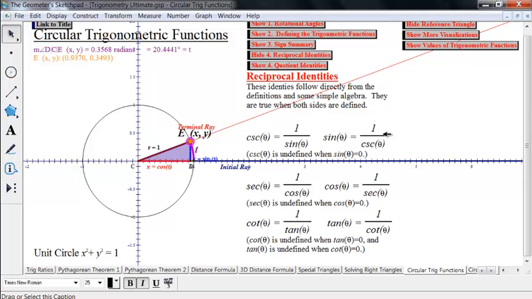But cosecant itself could be undefined. So the right side could be undefined here because cosecant is undefined, and that happens when sine of theta is 0. Similarly for secant and cosine, when cosine is 0, then the secant will be undefined. Cosine is the x value, so what about cosine?